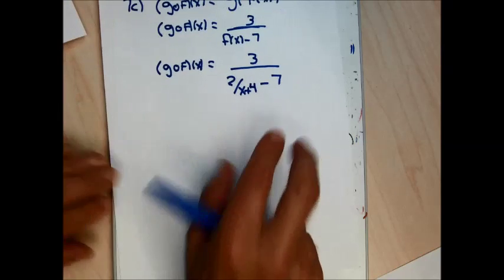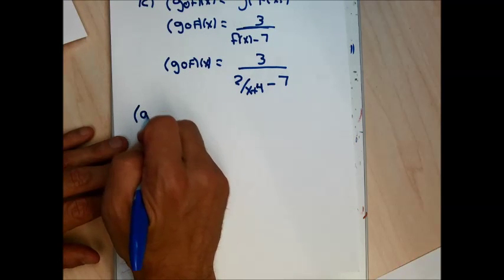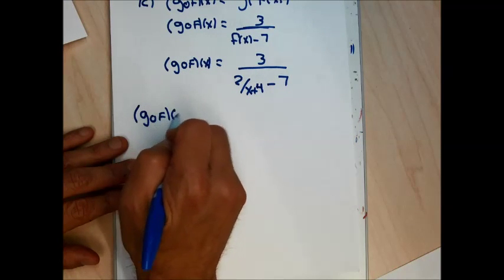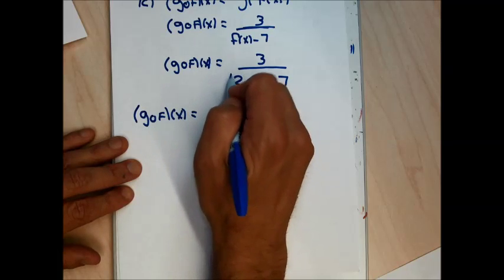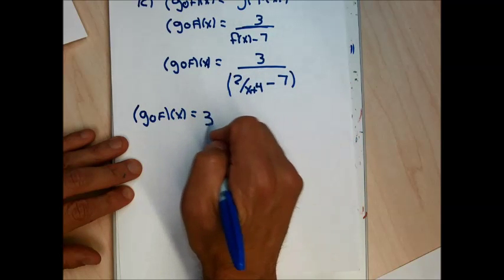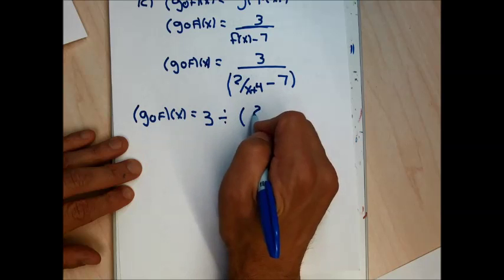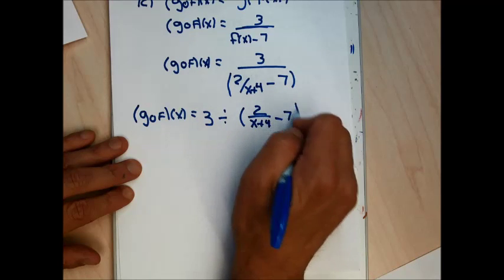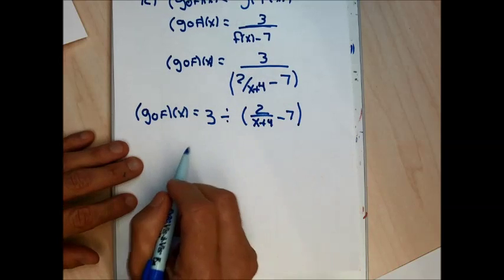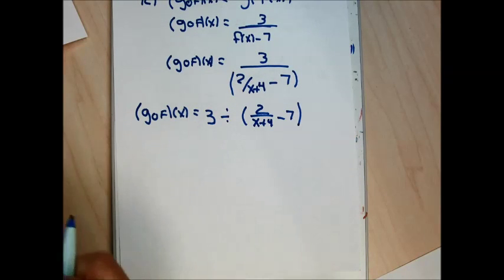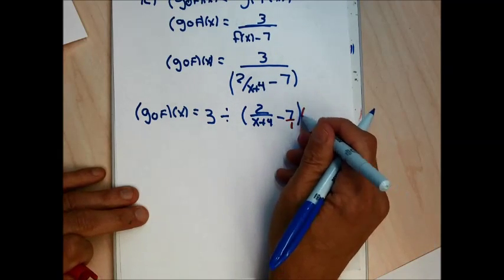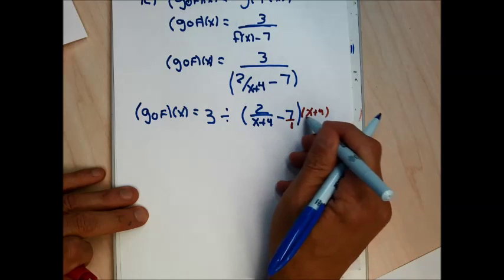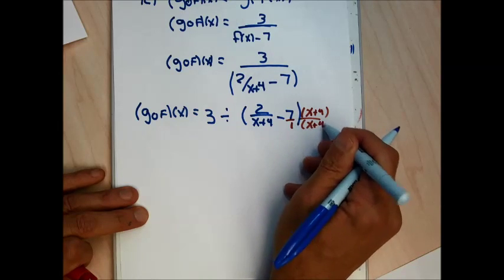Now it's just all algebra, so ugly algebra. So g composed with f of x equals, put this in parentheses, write it as a fraction, 3 divided by 2 over x plus 4 minus 7. Write this 7 as 7 over 1. Multiply it by x plus 4 over x plus 4.